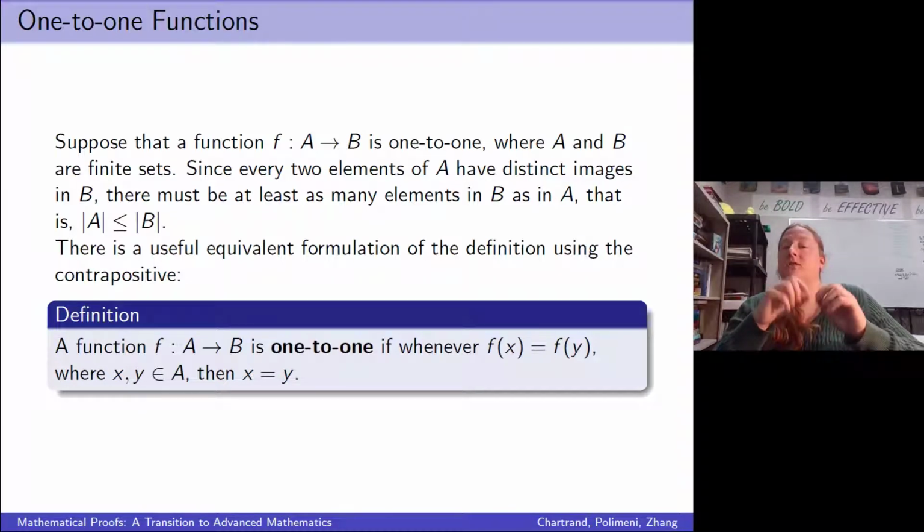Since every two elements in A have to have distinct images in B, there have to be at least as many elements in B as there are in A. So what that means is the size of A is less than or equal to the size of B. One of the ways that we define one-to-one in an equivalent way is we say we have a function f from A to B, and we say it's one-to-one if whenever f of x equals f of y, where x and y are in A, then x equals y.